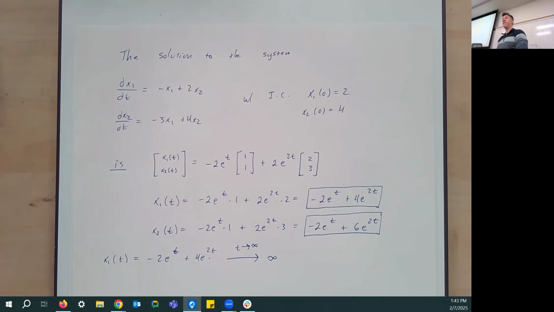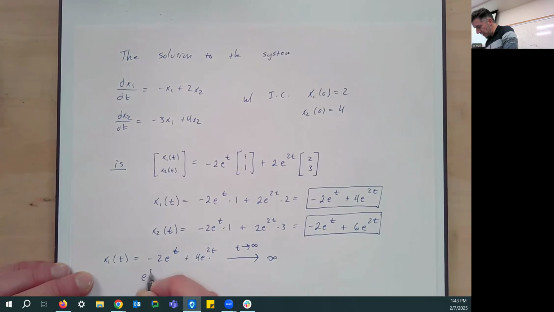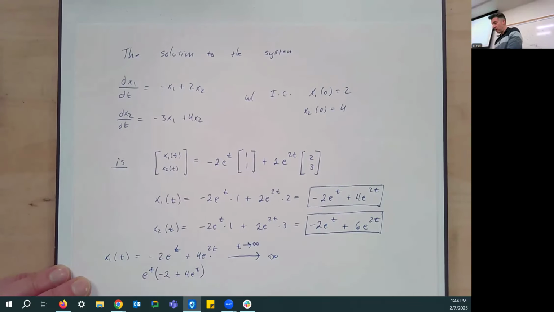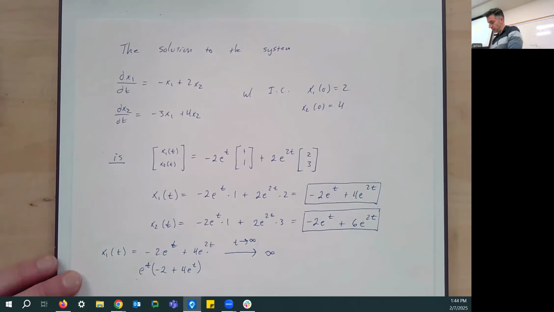If it helps, you could factor out an e^t, writing this as e^t times (-2 plus 4 e^t). Then it's more obvious that t is going to infinity, that is going to infinity, and that is going to infinity as well. So certainly the whole thing is going to go to infinity. In a similar way, x2, which is -2 e^t plus 6 e^(2t), also grows and grows as time goes on and on.